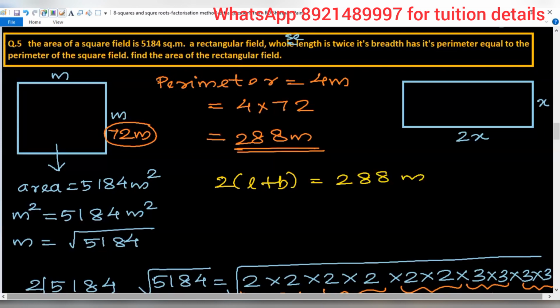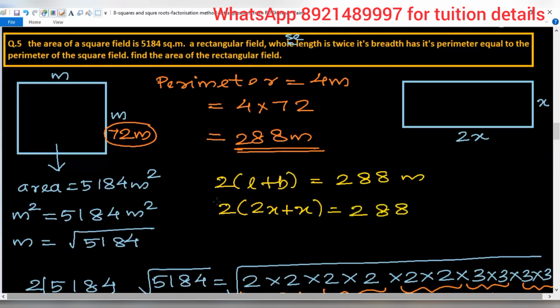And in place of L, what can we give? 2x. This is length and this is breadth. So in place of L, we can give 2x, and in place of B, we can give x. So 2 times (2x plus x) is equal to 288.